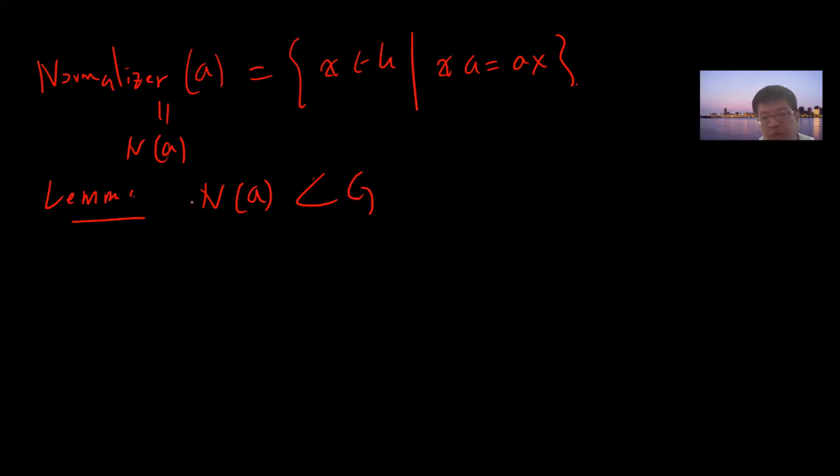In order to prove it is a subgroup, we prove identity is in it, and the composition should be okay. How about the inverse?